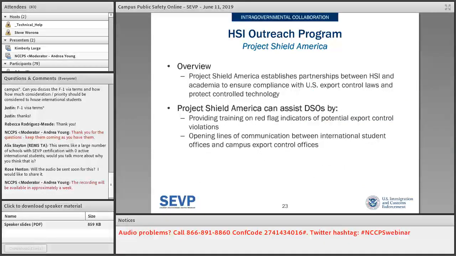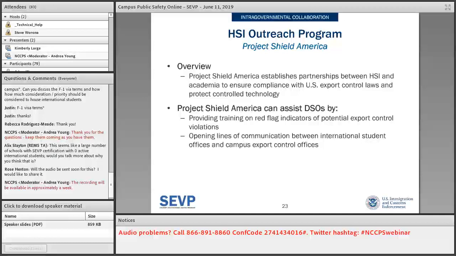The next program is Project Shield America, and this one is where Homeland Security agents go out and talk to schools, usually not the DSOs, usually it's going to be their export control officer, because this program is meant to protect controlled technology and sensitive research and intellectual property that takes place at schools.